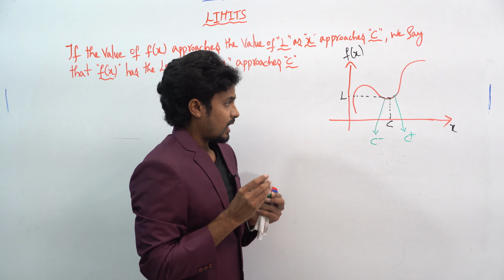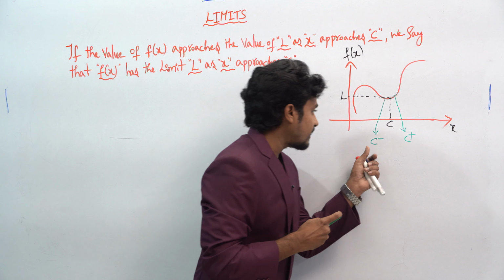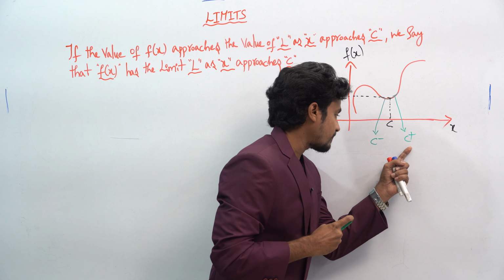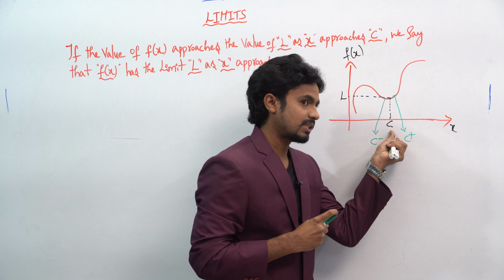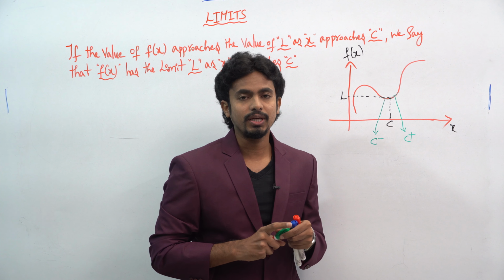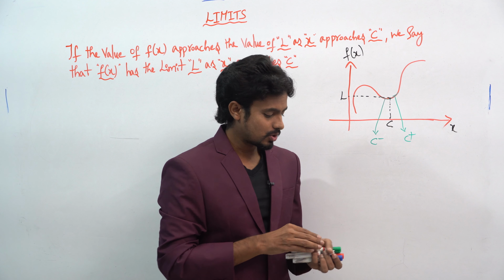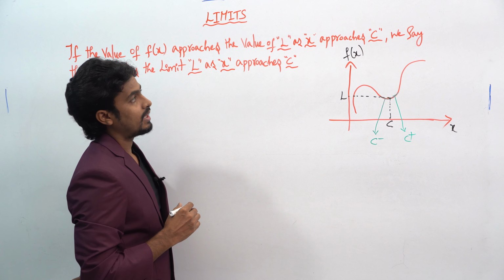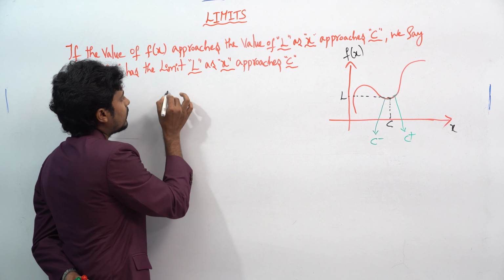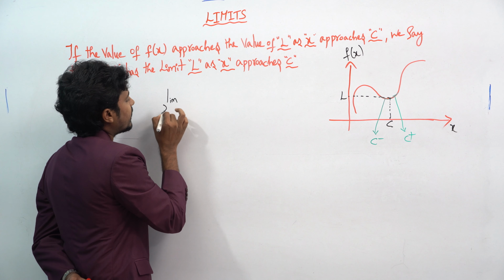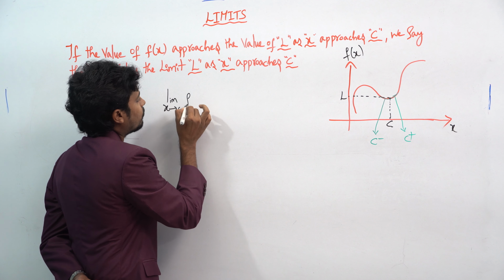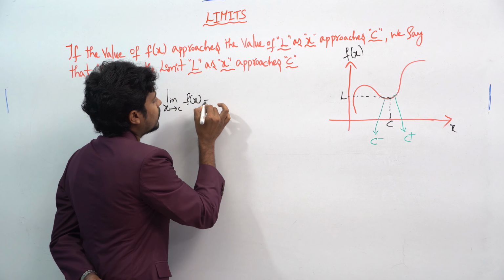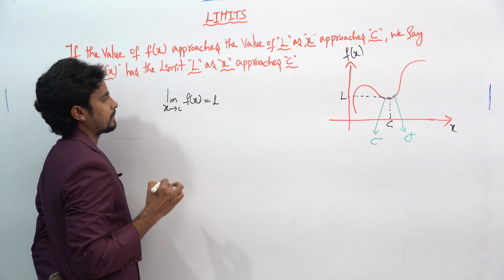Whenever C minus is equal to C plus, which is equal to C, only then does the limit exist. So from the above definition, how do you write the limit? Limit x tends to C f of x is equal to L.